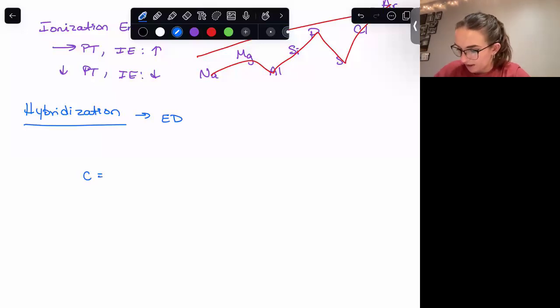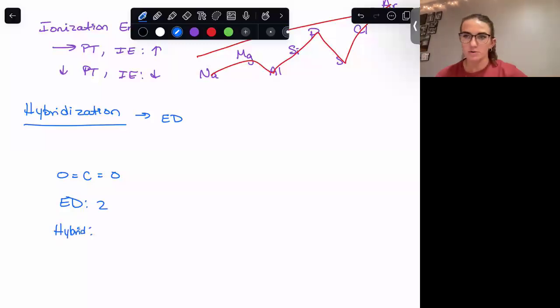So if we have something like carbon dioxide, how many electron domains do we have? Good, we have 2 electron domains. So that means for hybridization, we need 2 orbitals. What are those 2 orbitals going to be? Good, that's going to be sp hybridization.